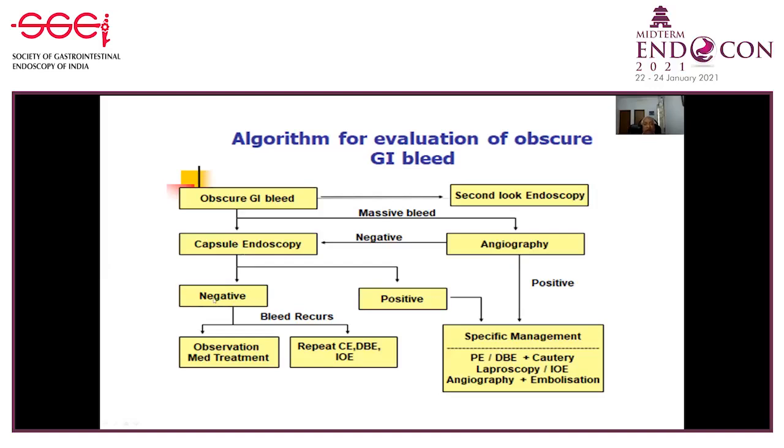If it is negative, you can do observation and conservative management, because as I said, the rebleed rate with a negative CE is very low. But if the bleed recurs, then we can either repeat a capsule endoscopy, do a balloon-assisted enteroscopy, or if that is not available, an intraoperative enteroscopy.